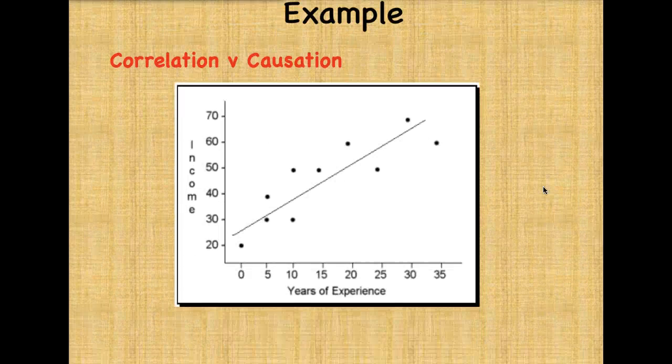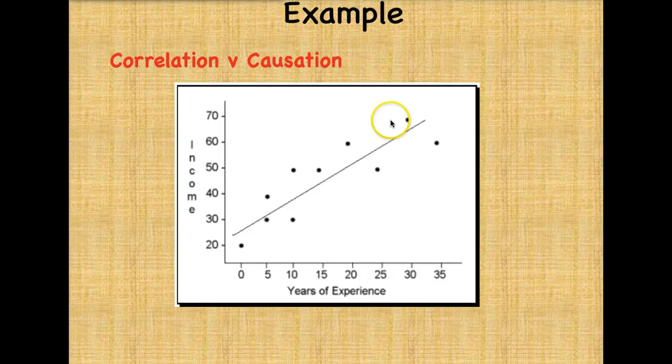How about this one? Your income on the y-axis here, as it goes up, you can see that it's related to years of experience. So as your years of experience in a job increases, your income also goes up. So is that a correlation? I would say yes, we can see a correlation because we can see a trend. If we can draw a line to mark that trend, we have a correlation.